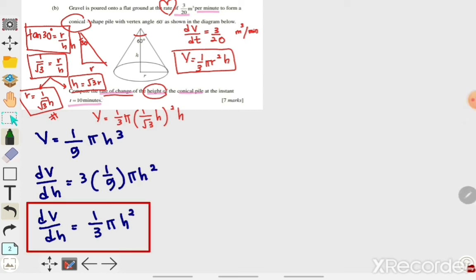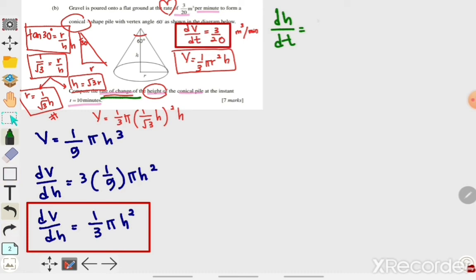Construct the rate of the height. We want the rate of the height, dh dt. So let's construct this formula. We have these two formulas now, where this is dv dt and this is dv dh.